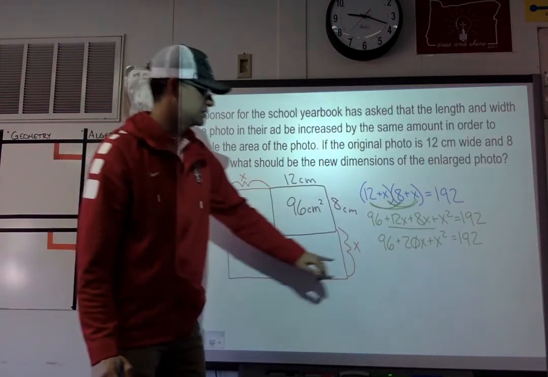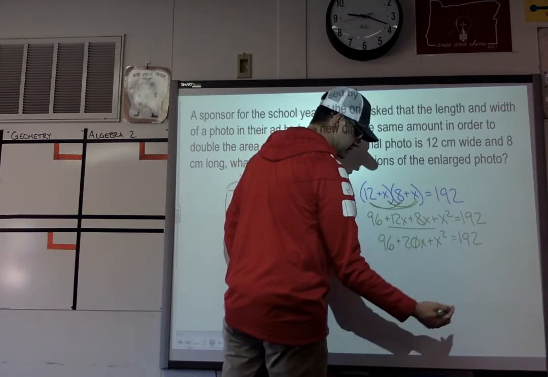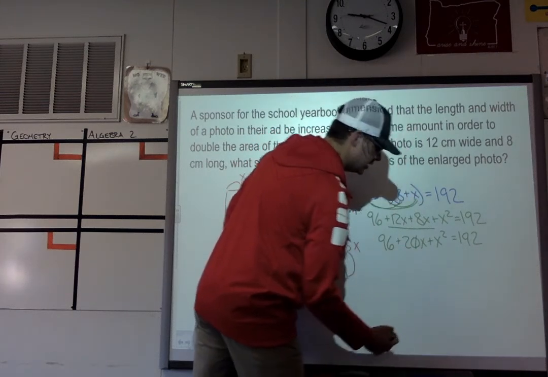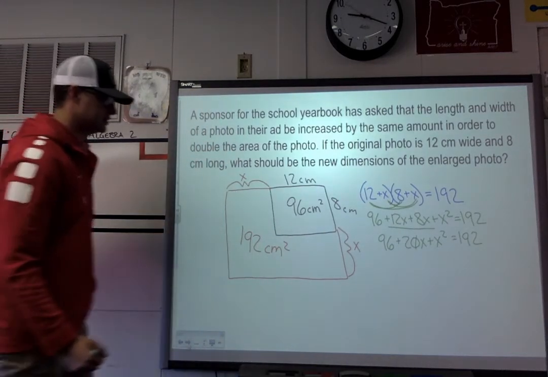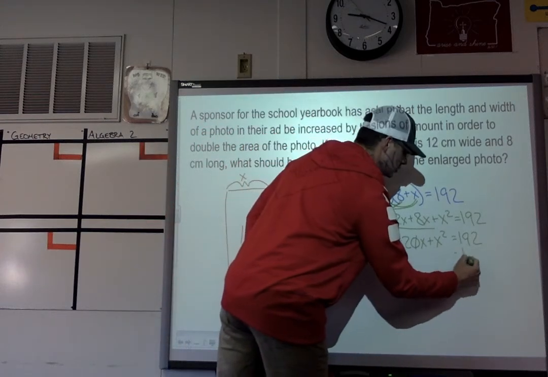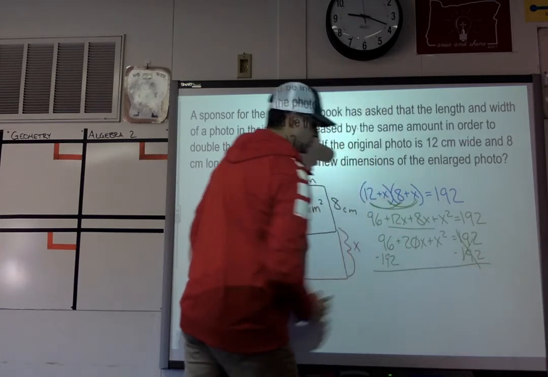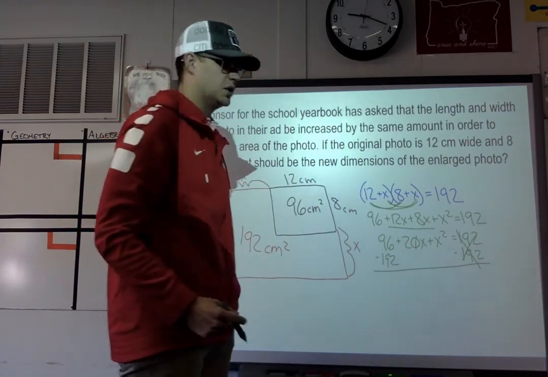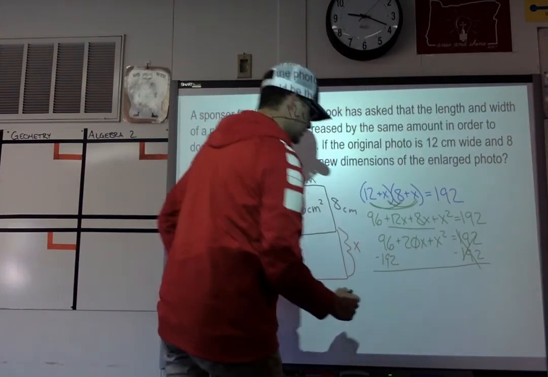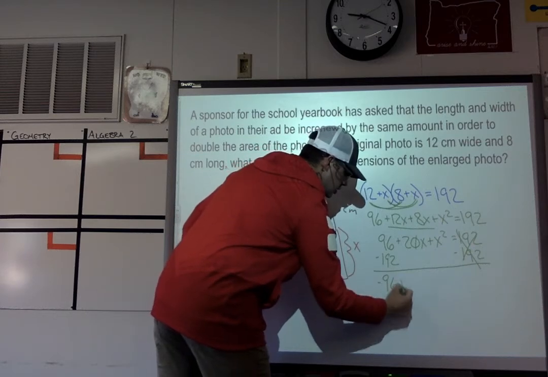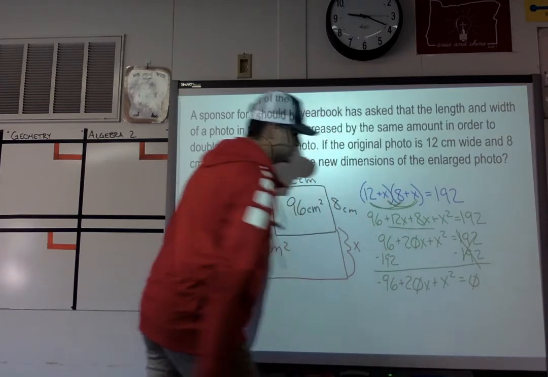Now to solve for x, to be able to factor this, just like on that last slide, I need to have it all set equal to 0. So in order to do that, I need to subtract 192 from both sides. So those will cancel. 96 minus 192 is going to give me negative 96 plus 20x plus x squared equals 0.